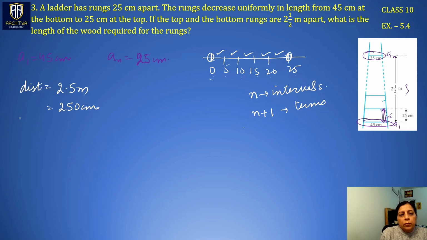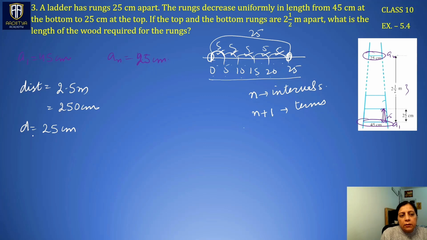Now, the distance between two consecutive terms is 25 centimeters. Just as we separated each number by 5 in the earlier example, the distance between the first and the last terms became 5 times 5, 25, divided into 5 equal intervals, where the number of terms in the sequence is n plus 1.